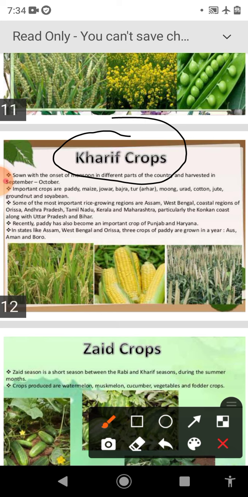Major crops which are cultivated in this season are rice, maize, jowar, bajra, cotton, oilseeds like sesamum and groundnuts, and pulses like moong, urad, etc.